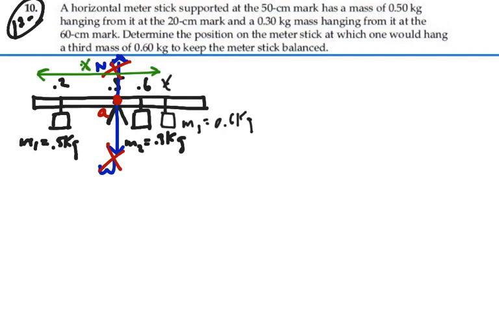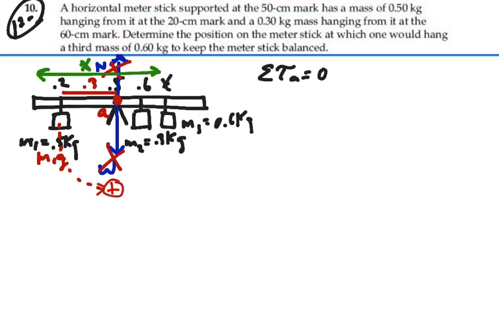Okay, so we want to find torque equilibrium about point A. Summation of all the torques about A should be 0. And what do we have? Well, we've got this M1G with a moment arm of 0.3, and it's trying to make this thing rotate counterclockwise, which would be a positive torque according to the right-hand rule.